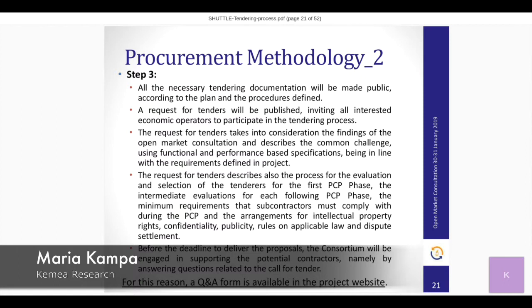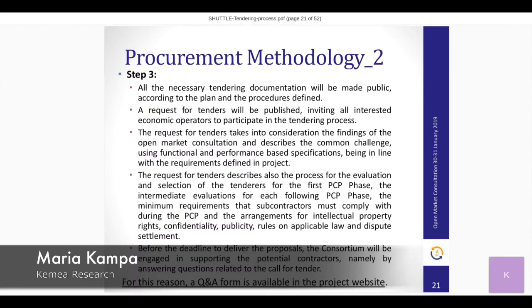The request for tenders describes also the process for the evaluation and selection of the tenders for the first PCP phase. It also includes the intermediate evaluation for the following PCP phase, the minimum requirements that subcontractors must comply with during the PCP, and the arrangements for the IPRs, confidentiality, publicity, the rules on applicable law, and dispute settlement.